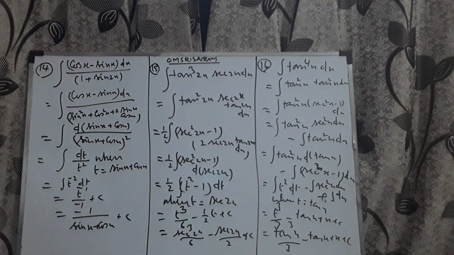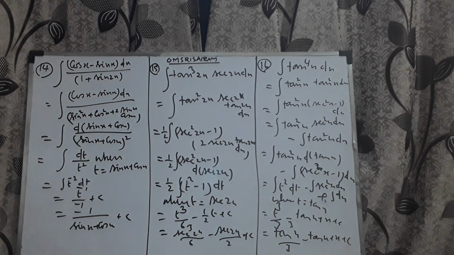Integral tan power 4x dx can be written as integral tan square x into tan square x dx, which can be written as integral tan square x into secant square x minus 1 dx, which is integral tan square x secant square x dx minus integral tan square x dx.